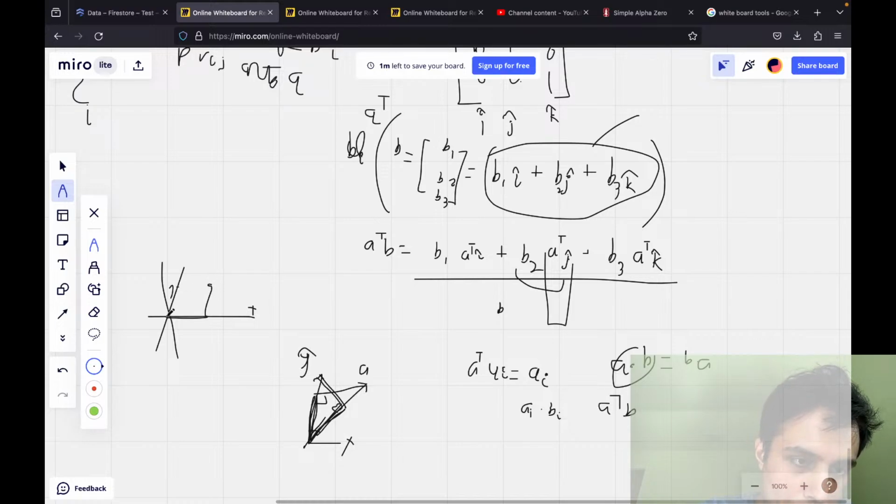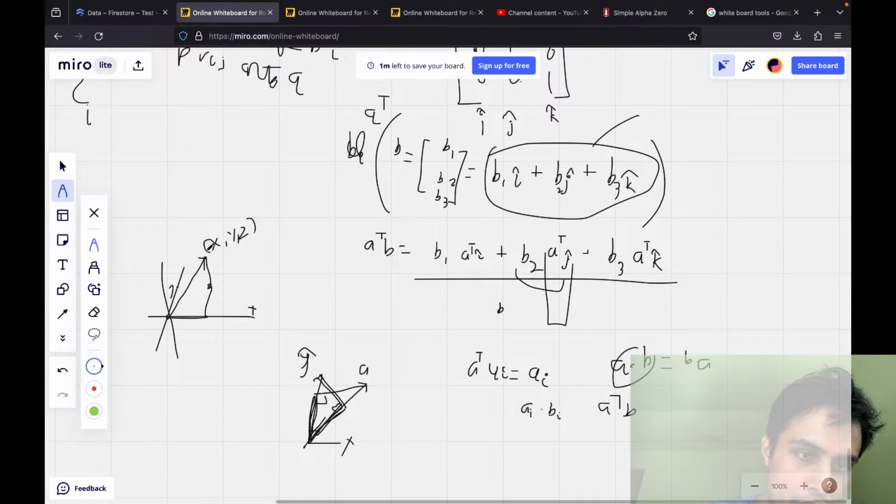So you have an xy plane, you go x steps, you go y steps, and then you go z steps here. And this point is the vector x, y, z.